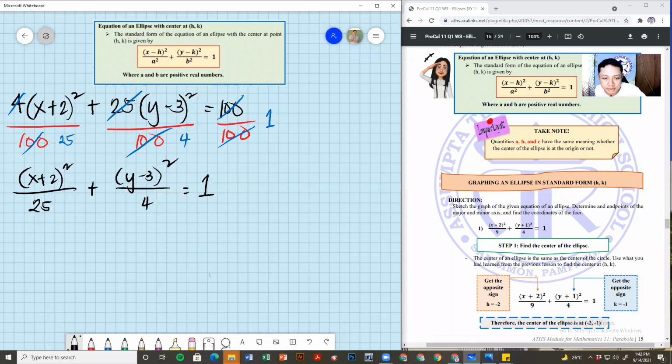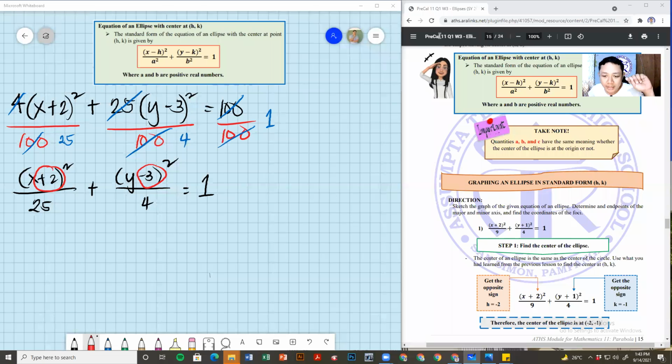Sige nga, let me see. Given this equation, of course, our H and K, we will be getting our center from this. What do you think is the center of this equation? Type the answer in the chat box. What's the center of this ellipse? Type it in the chat box. What is the center? Remember, the center, the HK, is different from AB.